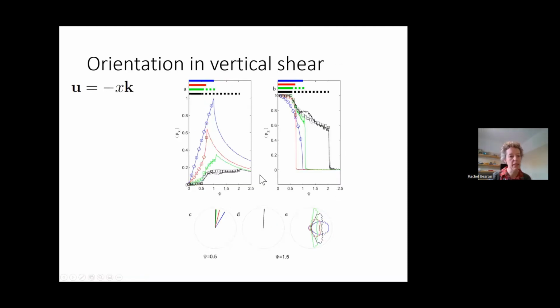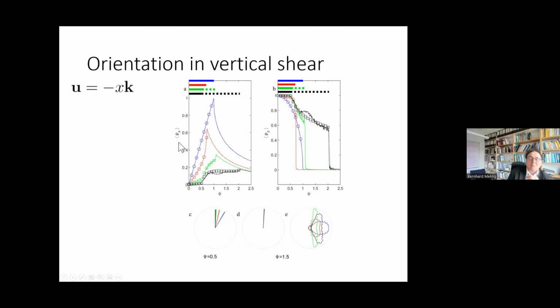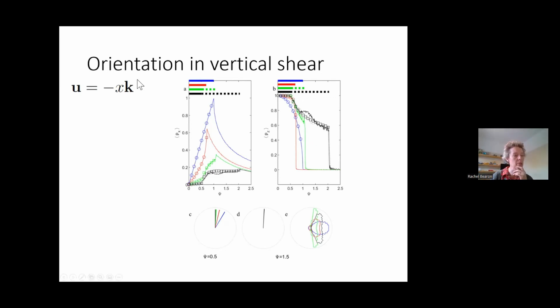When we look at vertical shear flow, where there isn't a global attracting equilibrium in all cases, the picture's a little bit different. If we look again at the PZ plane, the solid lines are where an upward equilibrium exists, and we show whether it's globally attracting or not.